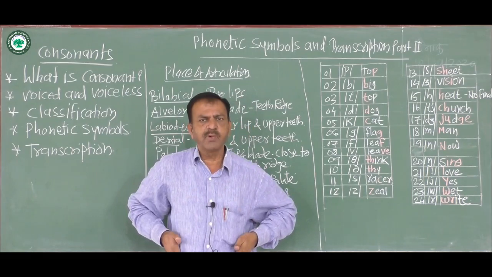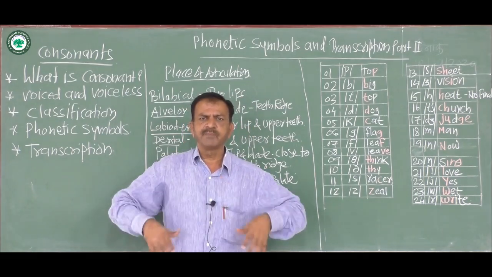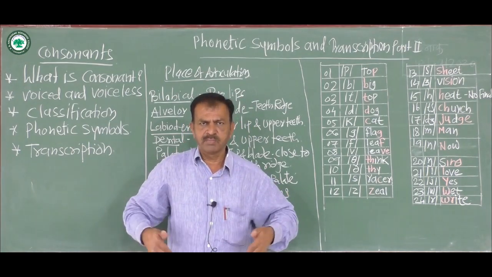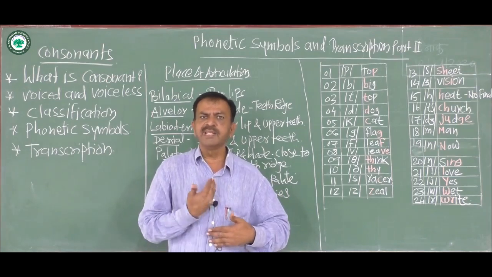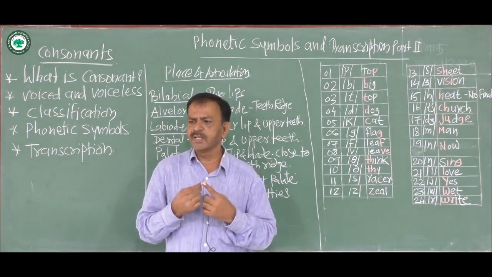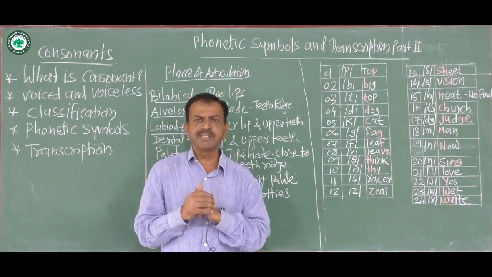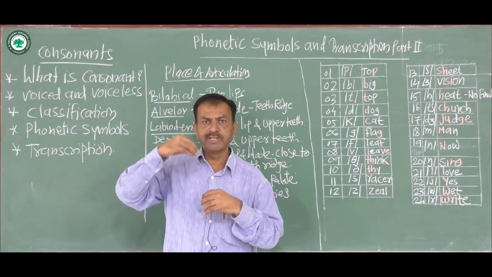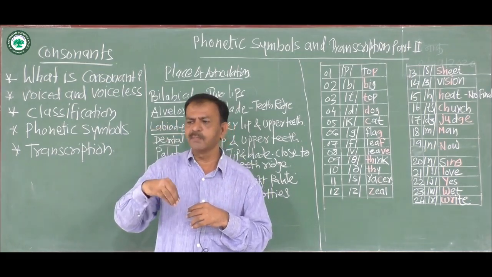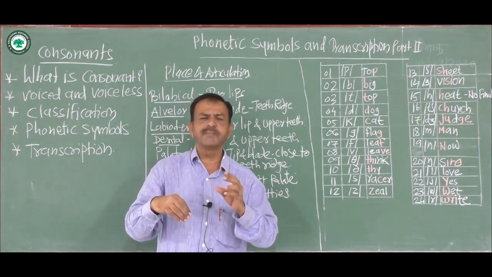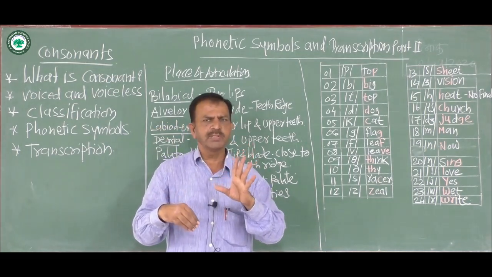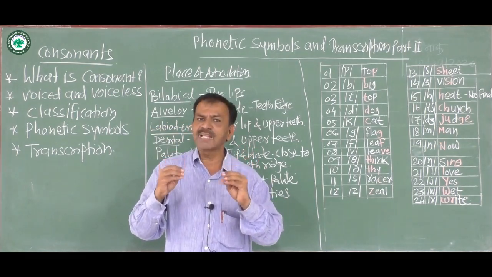We have 2 lungs, there is a windpipe, and the air is sent through the windpipe into our mouth cavity. When the air enters the mouth cavity, sometimes there is complete closure, sometimes partial closure.